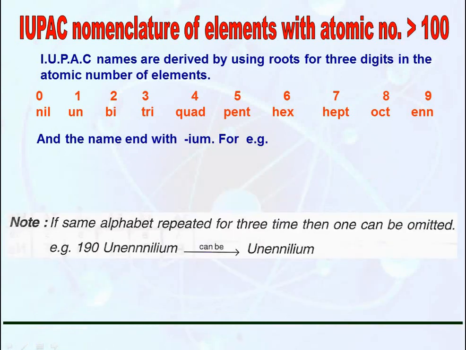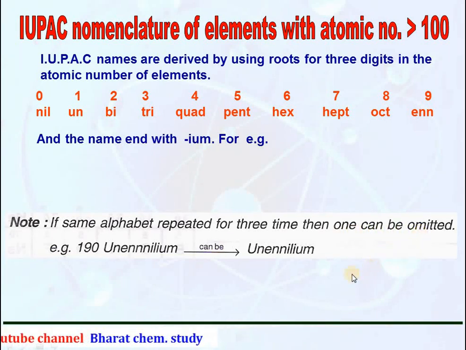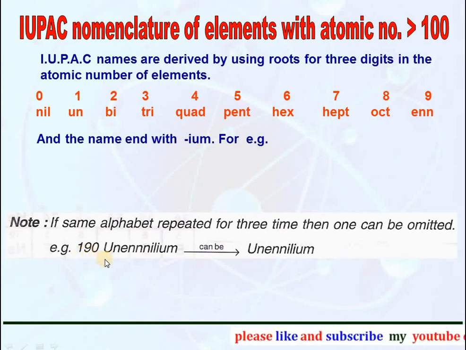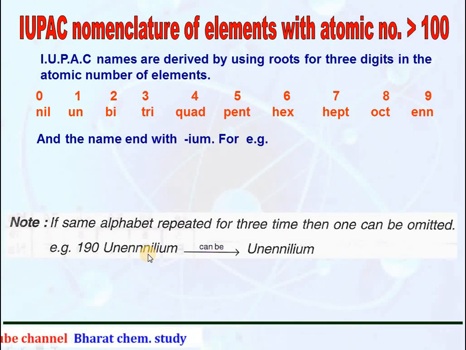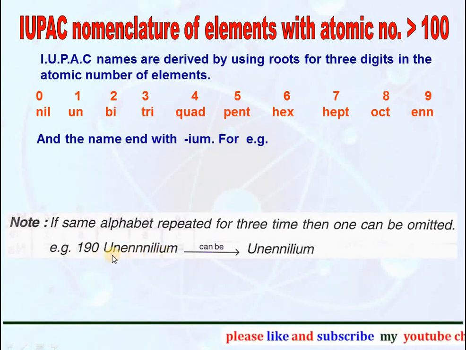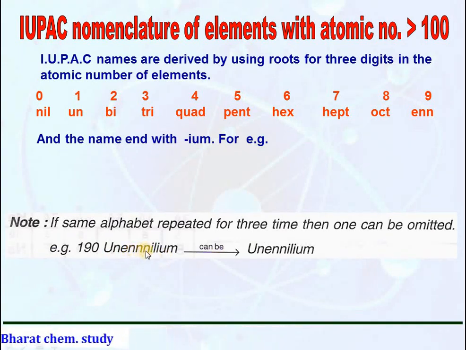An important note: if some letter is repeated three times, then one can be omitted. For example, the name of the element with atomic number 190 will come as un for 1, enn for 9 and nil for 0, and then we add ium. So the name should be written as unennilium, but here n is coming thrice.